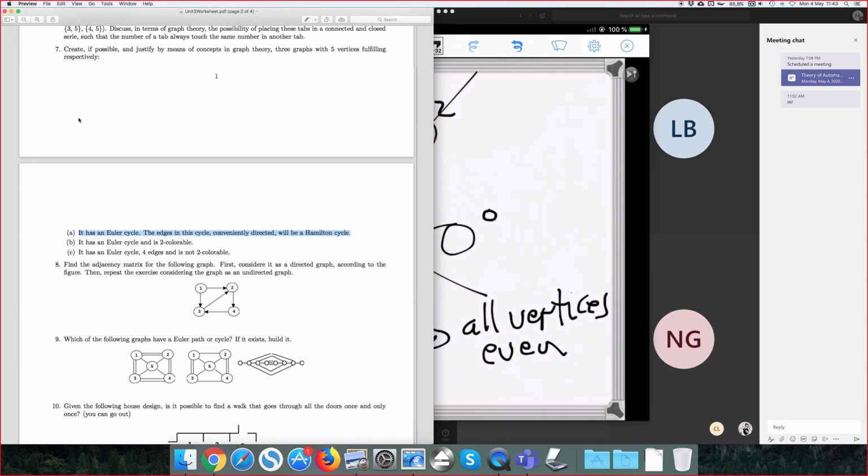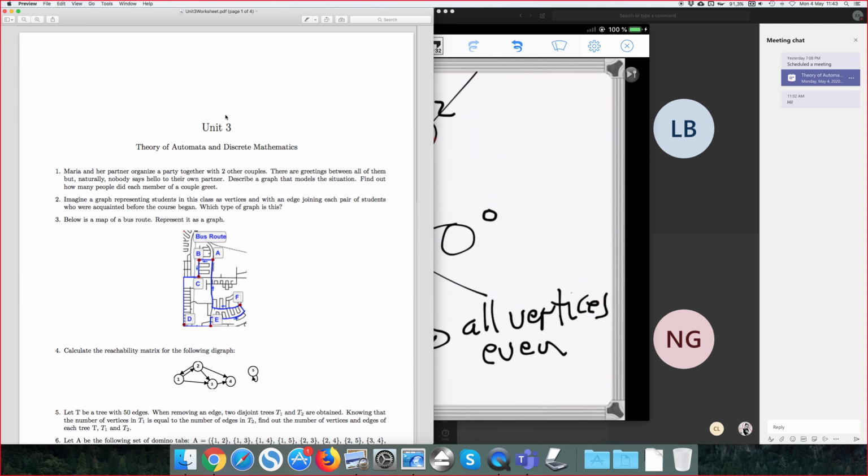Okay, so let's see which other exercises we have here in the worksheet. The first three exercises are only about drawing graphs. I think they are not very difficult. If you have any question about them, please tell me.